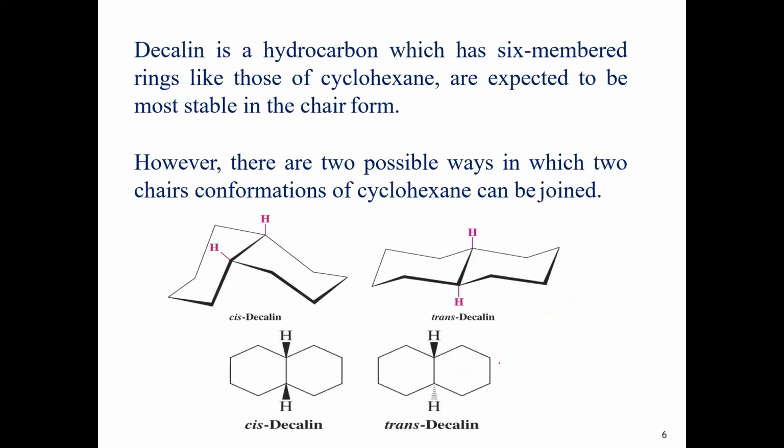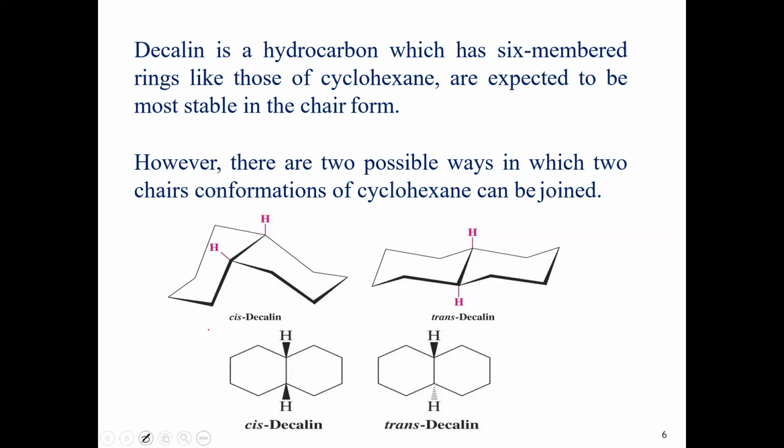Decalin is a hydrocarbon containing 6-member rings like cyclohexane. In cyclohexane, the most stable conformation is the chair form, which has lower energy. Therefore, decalin has two possible chair conformations like cyclohexane, and these two cyclohexanes can be joined or fused in a bicyclic system.